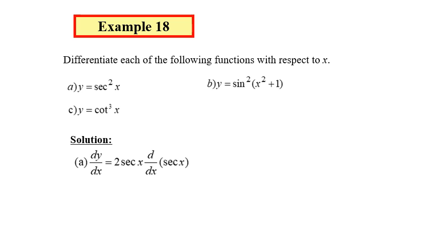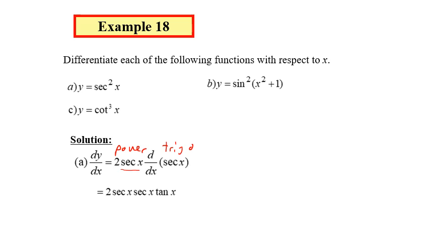Remember, first we differentiate the power, so secant remains, and then we differentiate the secant itself, and then later we differentiate x. Differentiating x is not needed because it is 1. So we just go through two layers of differentiation, that is, differentiate power and trigo function.